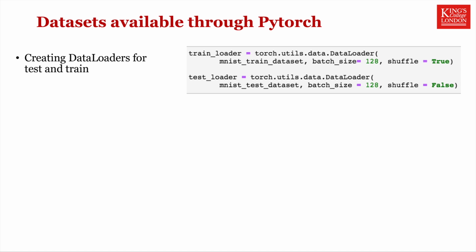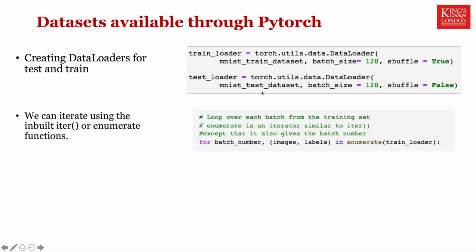Then we can create separate data loaders for the train and test datasets as follows. These are given batch size 128 here. Note, we don't need to shuffle the test data. You can see that the first argument as well is the datasets that we've just created. Once again, we've created separate ones for training and test.